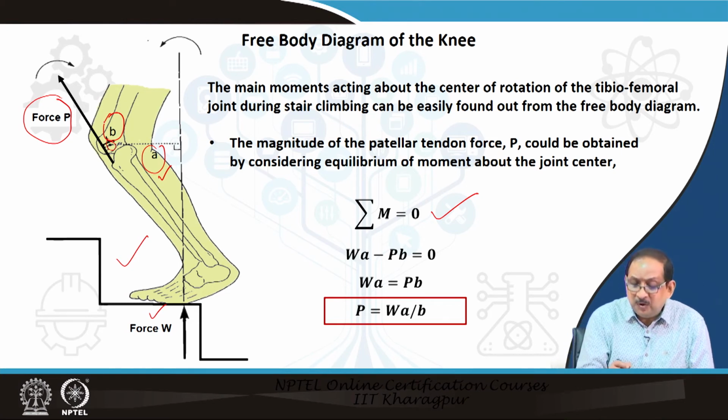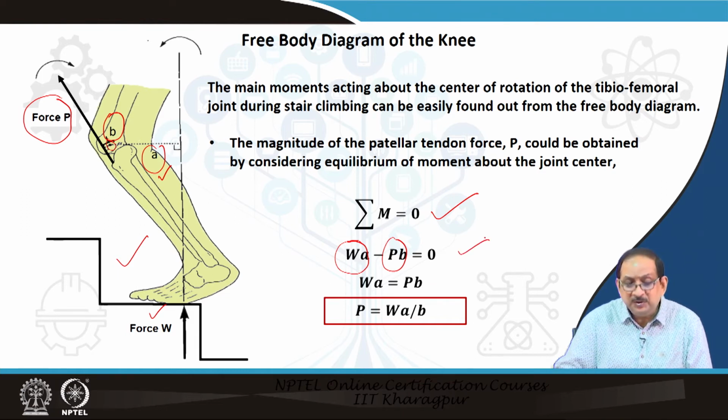So, the two opposing moments WA and PB can be equated through the moment equilibrium equation, and we can find the P force in terms of the dimensions A, B and the weight of the subject W.